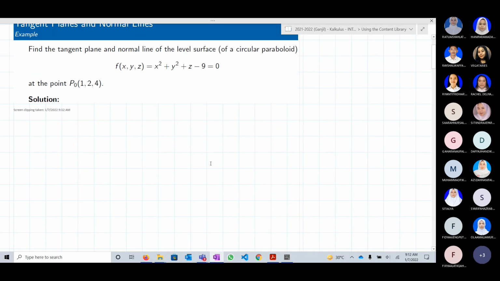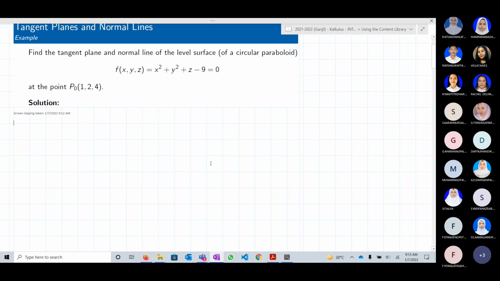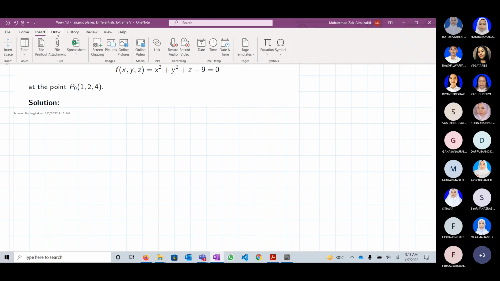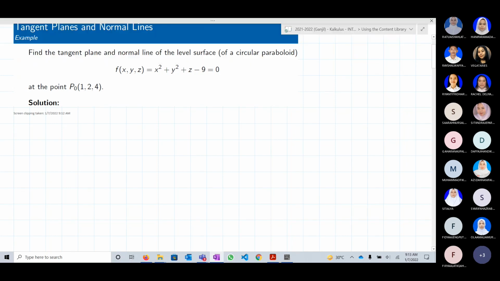Find the tangent plane and normal line of the level surface, which is actually a circular paraboloid, at the point P0 (1, 2, 4). How do we do that? First, what we need to do is to find grad f.